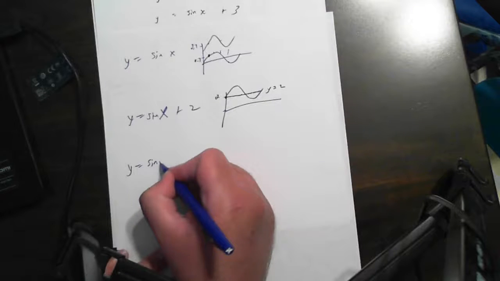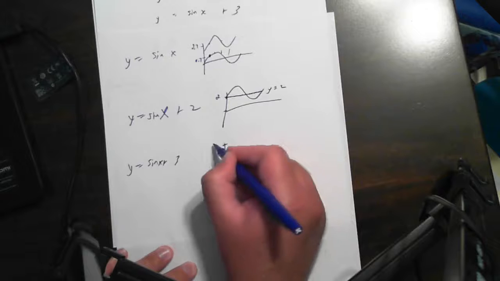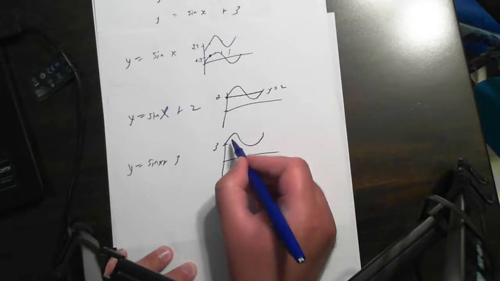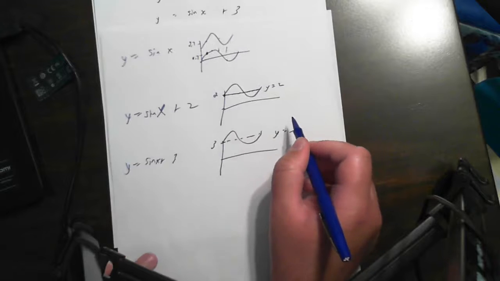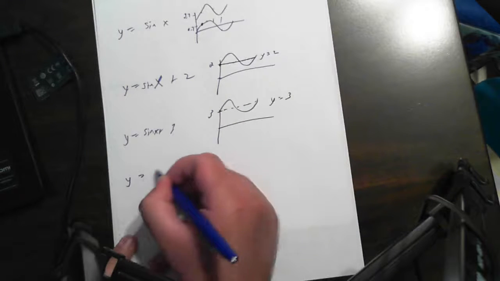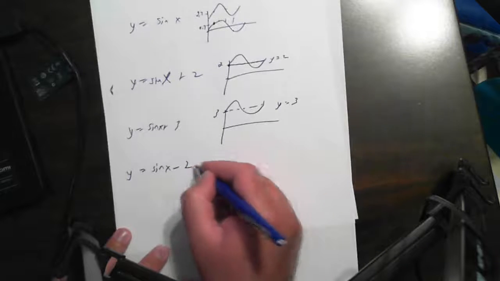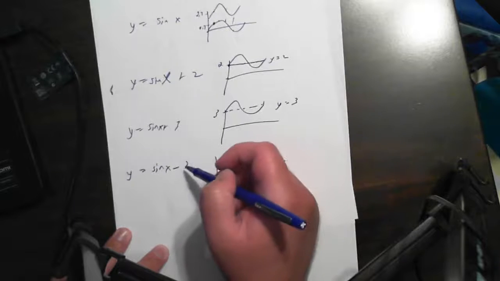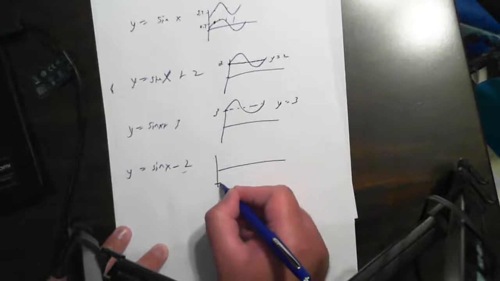So when I graph y equals sine x plus 3, the same kind of thing happens, except now it starts at 0, 3. So you can see then that my midline is at y equals 3. Okay? And likewise, when I graph y equals sine x minus, what was it, 2? Same kind of deal happens, just instead of going up 2, it actually goes down 2.